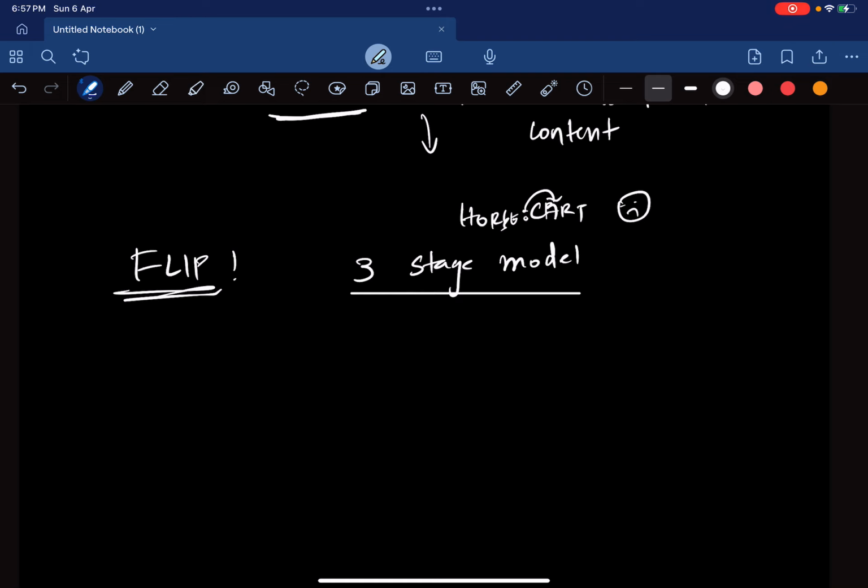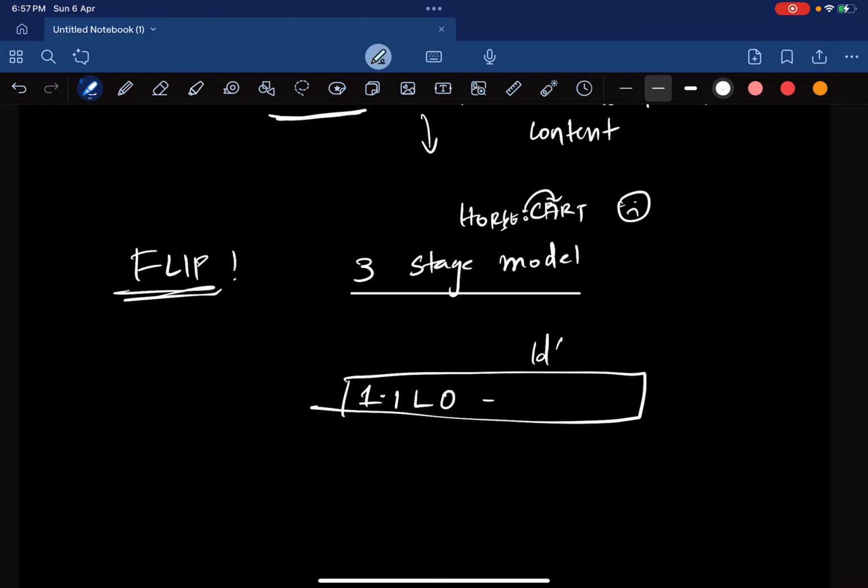Stage 1 of backward design is identifying learning outcomes.